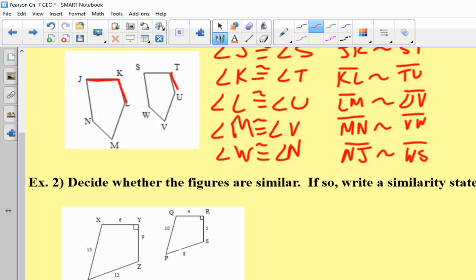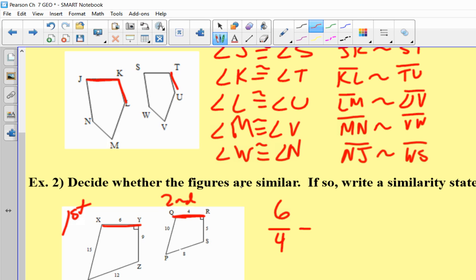So once again, I'm going to start with this one first and this one second, and I'm going to put it in ratio form and then reduce it. By doing that, that will tell me that all the rest of those ratios have to be the same for this to be proportional. Okay, so I'll start with XY again. I'll start on the left-hand side, on top. It's 6, and its corresponding side is 4.